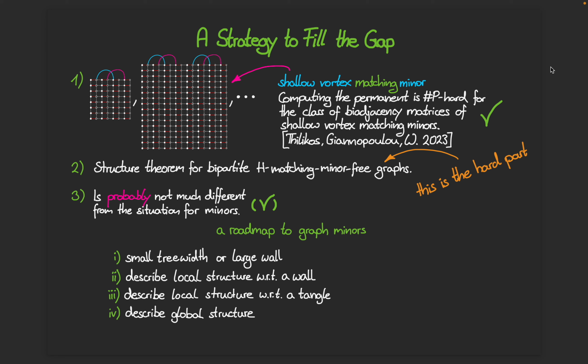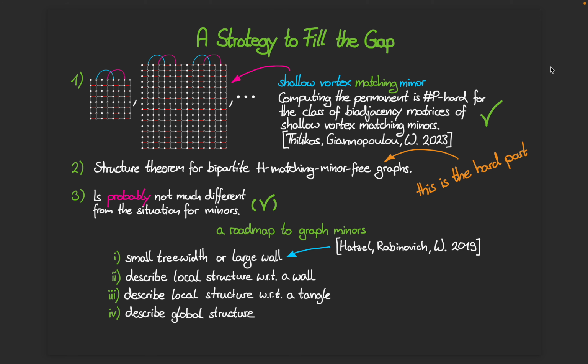So you want to understand how this wall appears within your graph if you exclude a fixed minor or matching minor. Finally, you want to understand how the entire graph attaches to this wall. And then once you know, if you're given some wall, how the graph that attaches to the wall looks, you can start arranging the walls in the graph in a tree-like structure and obtain a global structure theory as the fourth step in this very condensed roadmap here.